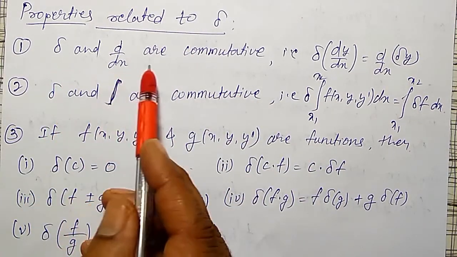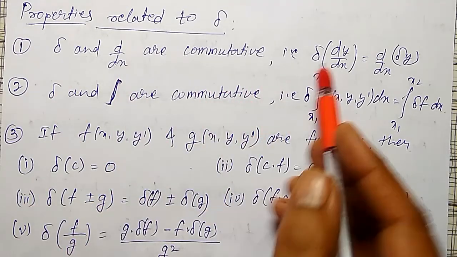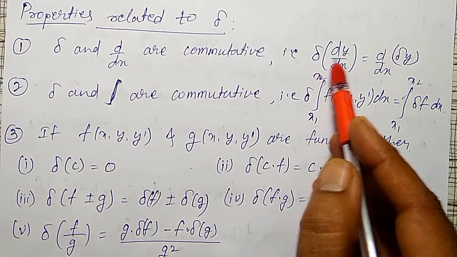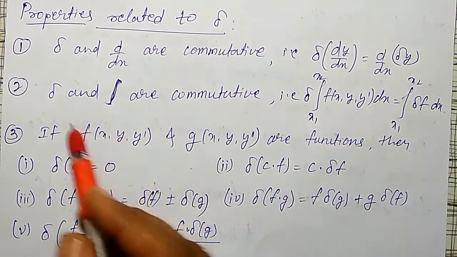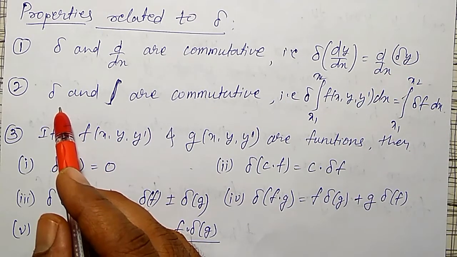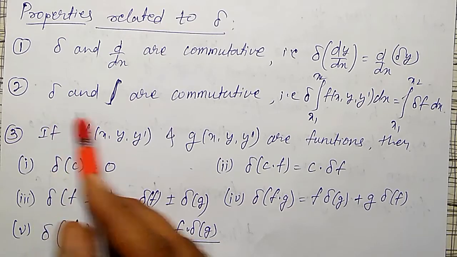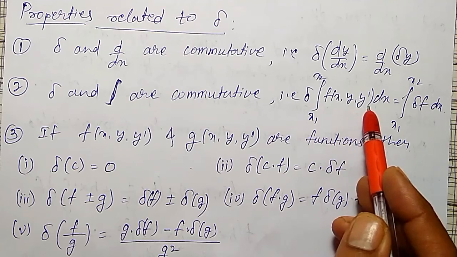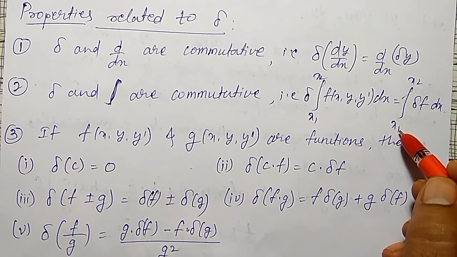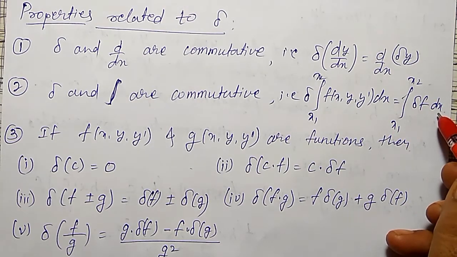Now what are the properties of this variation delta? Delta and d by dx are commutative; the product of those two can be interchanged. Delta of dy by dx equals d by dx of delta y. Like that, integration and delta can also be interchanged: delta of the integral from x1 to x2 of f of x, y, y dash dx equals the integral from x1 to x2 of delta f dx.